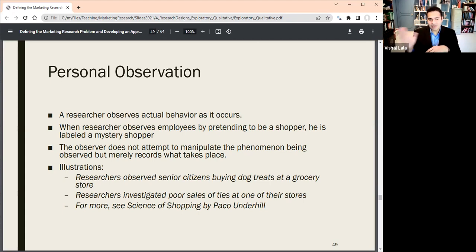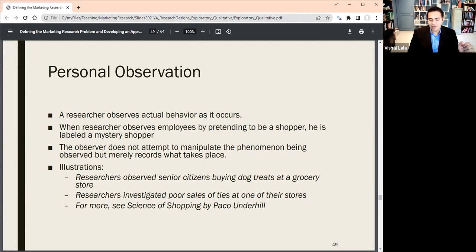All previous analyses had yielded nothing, because they took two similar stores with similar demographics and location, and the other one had good sales for ties. So they attributed the reason to poor merchandising based on observation.